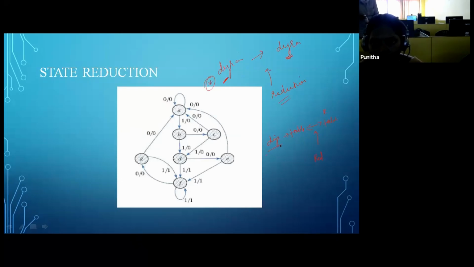My given is a diagram, so my solution is also in the form of a diagram. The reduction technique cannot be applied directly to the diagram, so I have made the diagram into a table, and then the reduced table into a diagram.